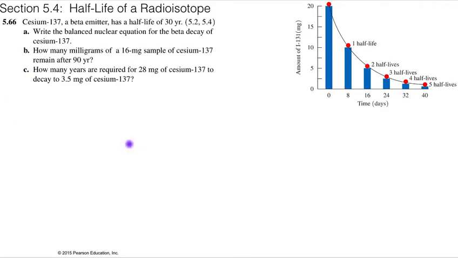Now, in terms of a calculation, let's just look at one of these. Let's look at B. And honestly, it doesn't really matter what particular isotope you're dealing with. I like the identity of it's cesium-137, that's fine. But really, the main thing that you want to know about is something about the mass and then something about time here. Notice in the problem up here, it actually tells you the half-life of this particular isotope.